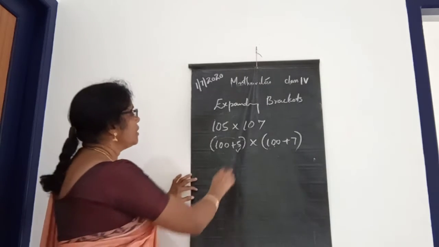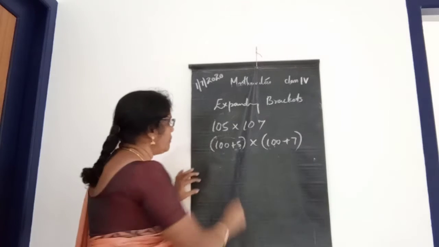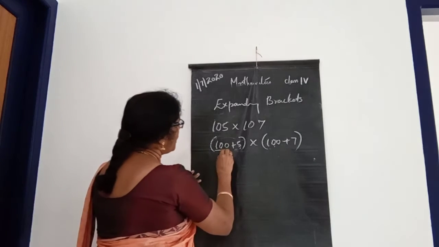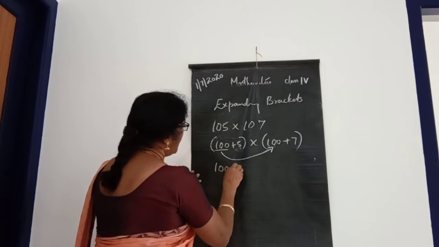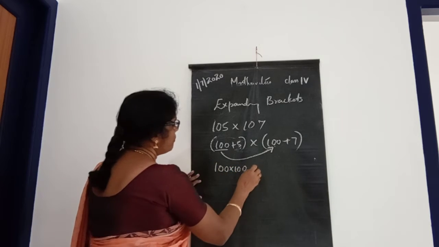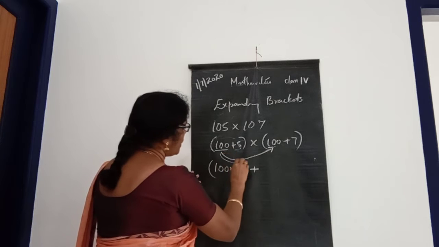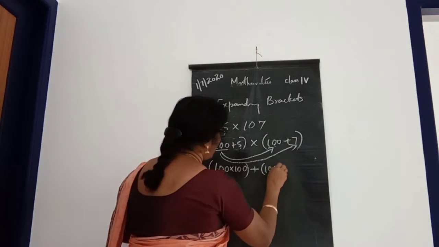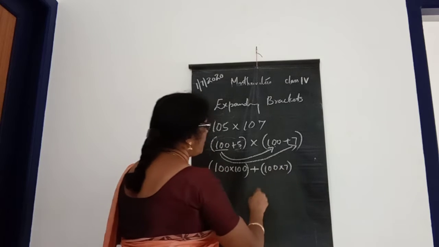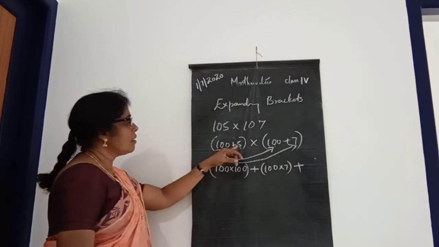All of you look here. First 100 plus 5. Then we take this first 100. That 100 into 100 plus 100 into 7. Next one, 5.